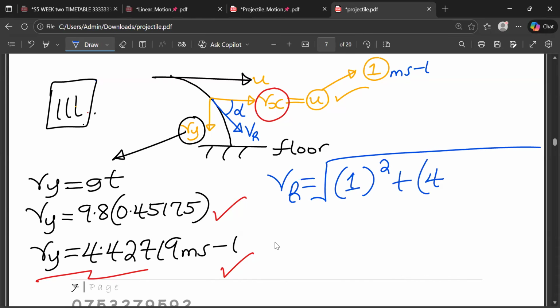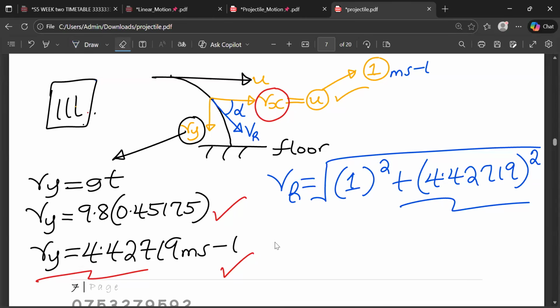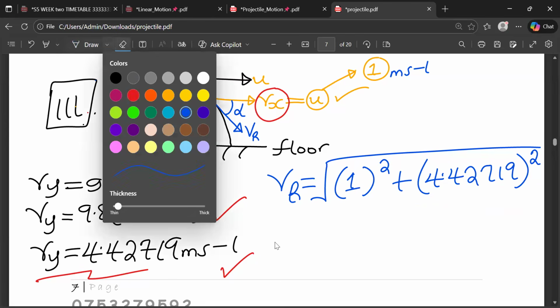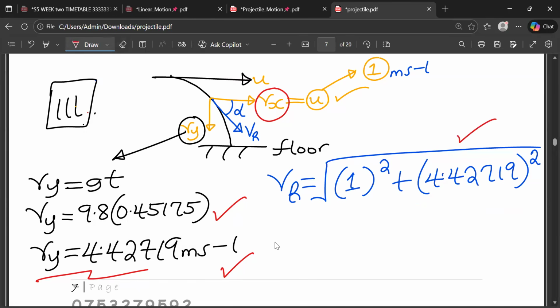What is your Vy? 4.42719 squared. So I think you people can see that even if you had a negative here, you would square it, and whether you're squaring a negative or a positive, you get a positive answer. So it will cause no harm at all. This is substitution; you get a mark for this. Then you conclude with the resultant velocity. That's what the question wants.